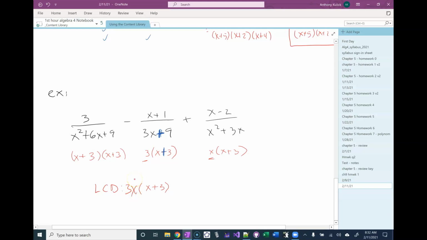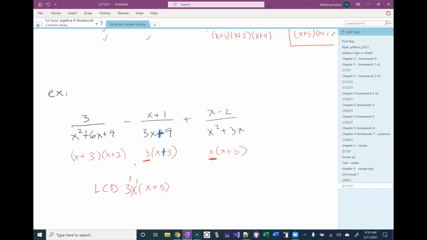Everybody okay with that? What's the most number of times the 3 occurs in any denominator? So when I say a 3, just once, right? We mean the coefficient. What's the most number of times the x occurs? Just once. When we're talking about the x, we're talking about the coefficient x, not the inside parentheses parts.